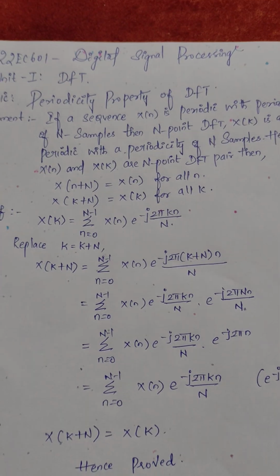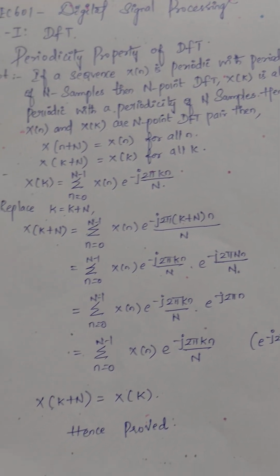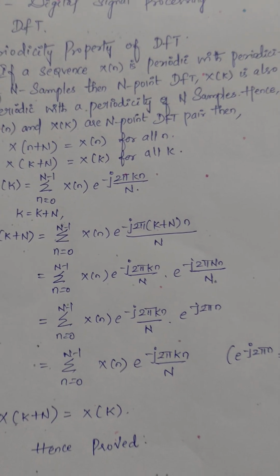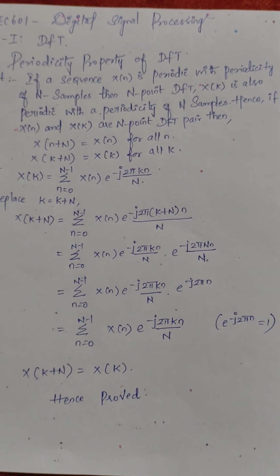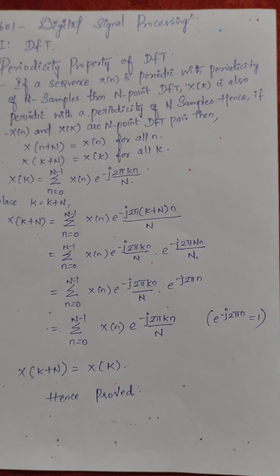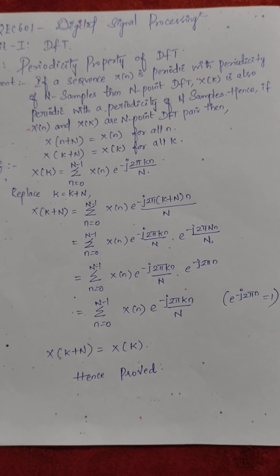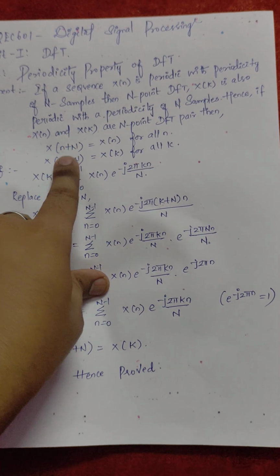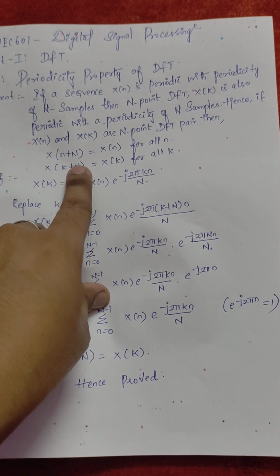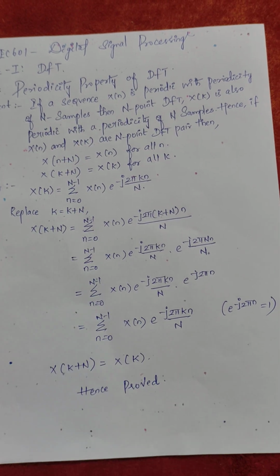Statement: if a sequence x of n is periodic with periodicity of N samples, then the N-point DFT X of k is also periodic with periodicity of N samples. Hence, if x of n and X of k are an N-point DFT pair, then we have the formula X of k plus N is equal to X of k for all k, and x of n plus N is equal to x of n for all n.